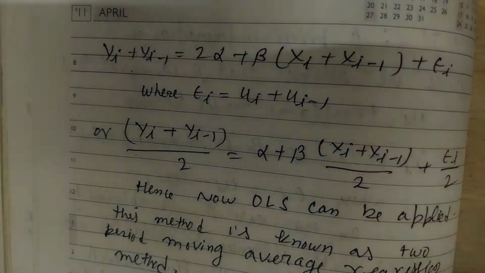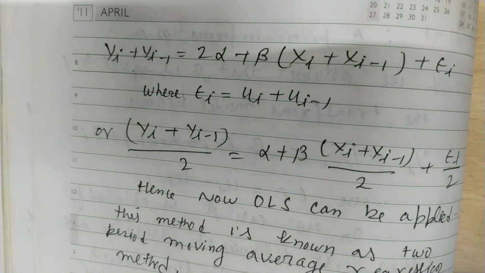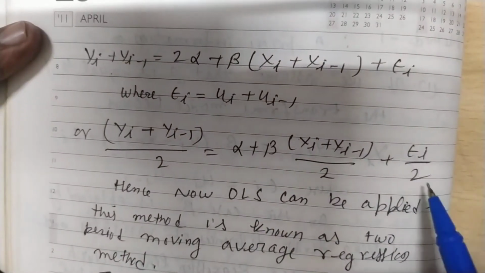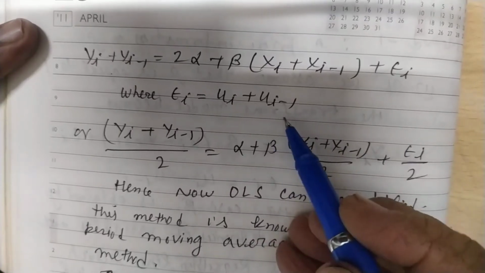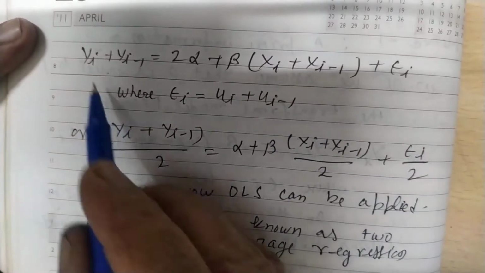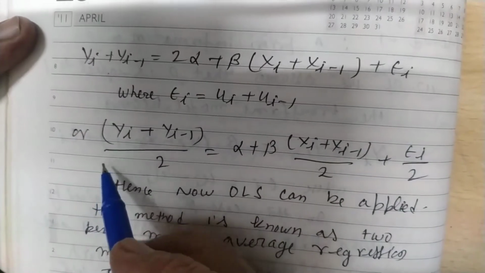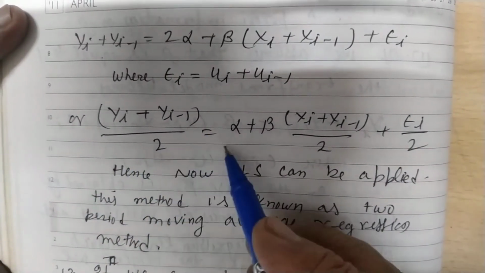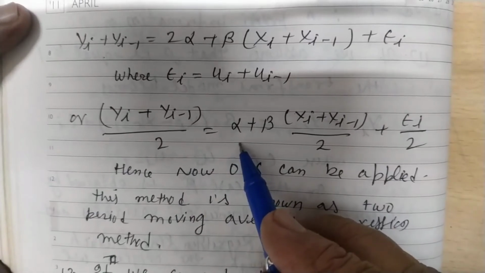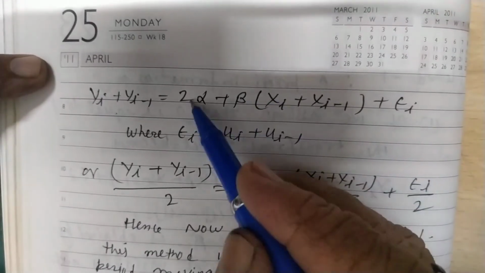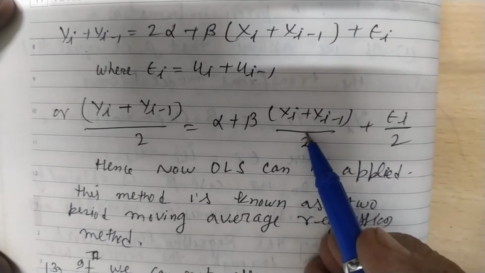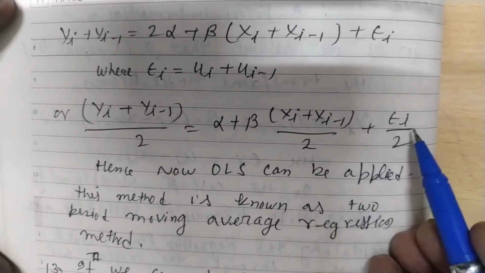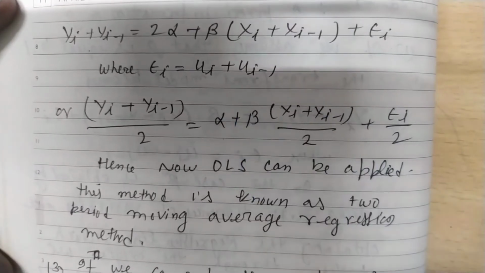Here the value of the autocorrelation rho is -1. On dividing the whole equation by 2, we get (yi plus yi-1) upon 2 is equal to alpha plus beta times (xi plus xi-1) upon 2 plus epsilon i upon 2.